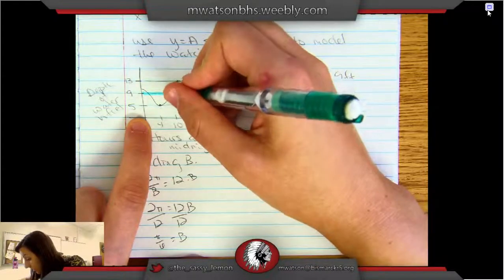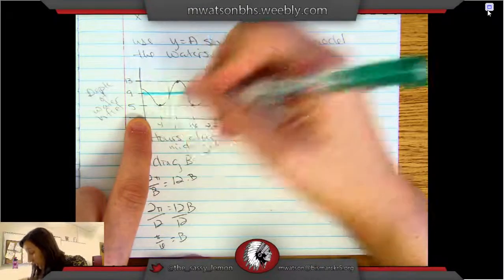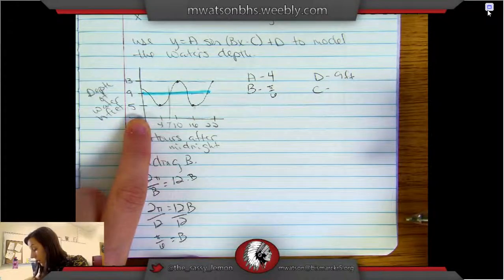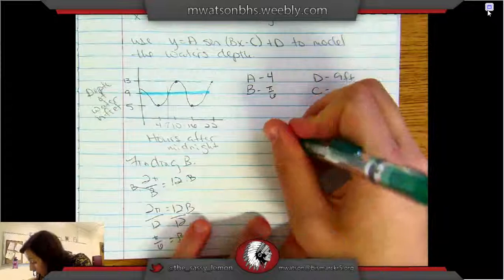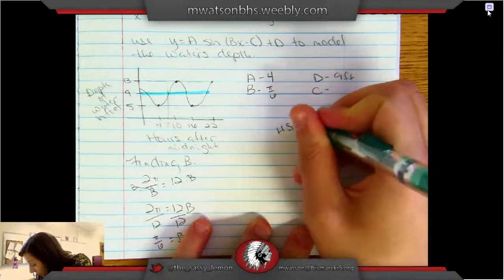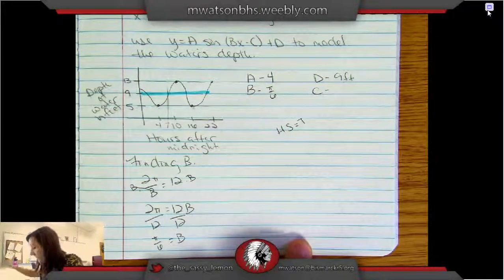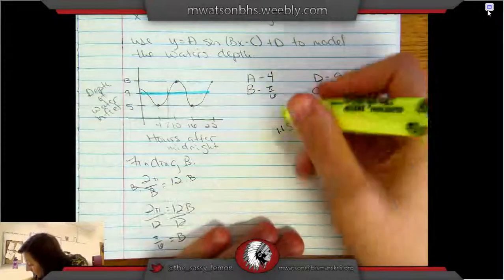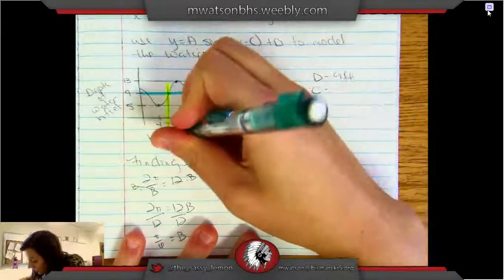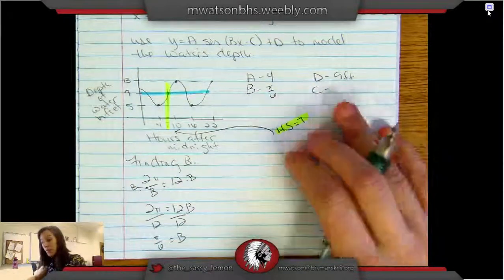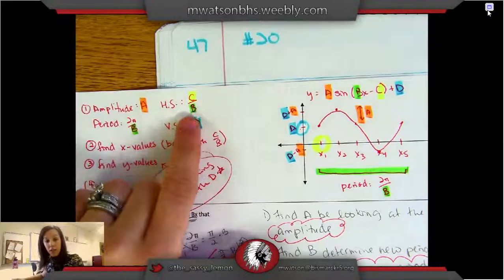That's actually where the start of our sine function is. So our horizontal shift was 7. And we found that right here.